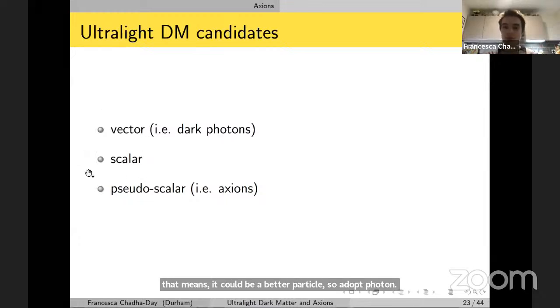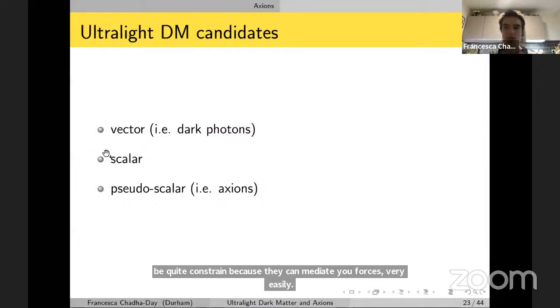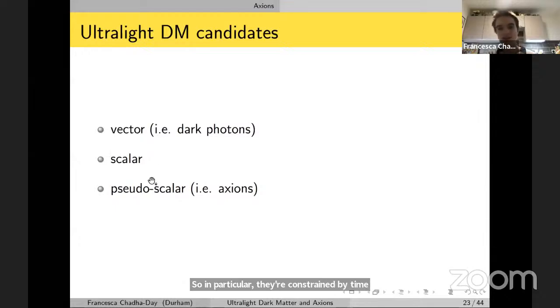It could be a scalar particle. Scalar particles tend to be quite constrained because they can mediate new forces very easily. So in particular, they're constrained by tests of the universality of gravity. It could also be a pseudo-scalar particle.